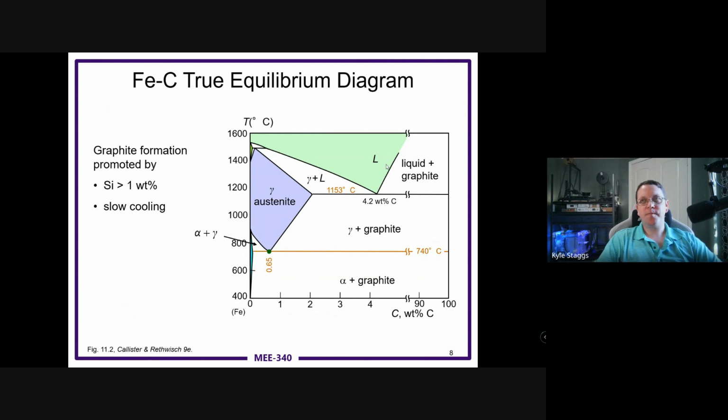So here we're showing a little bit more of the diagram up here, because up above this range, especially above the 5-6% range, you're very much into the liquid and graphite phase. So there's a lot of graphite that forms, and that's just literally carbon powder that's collected together in the material.